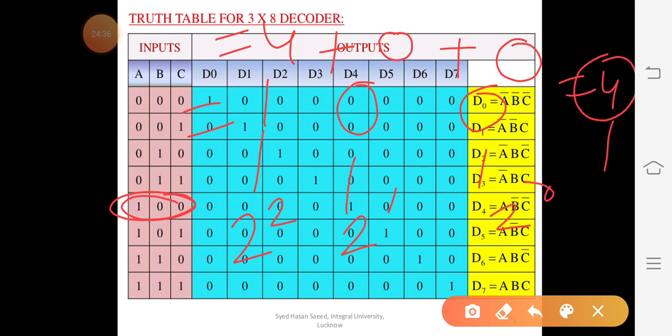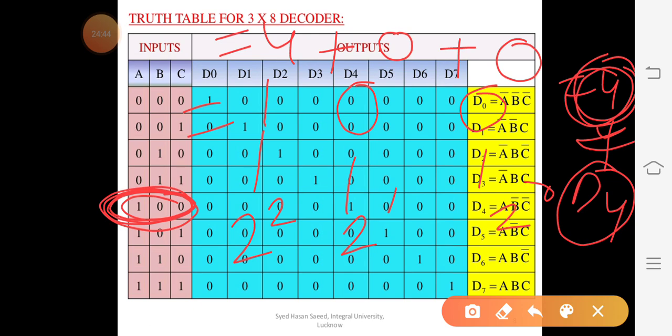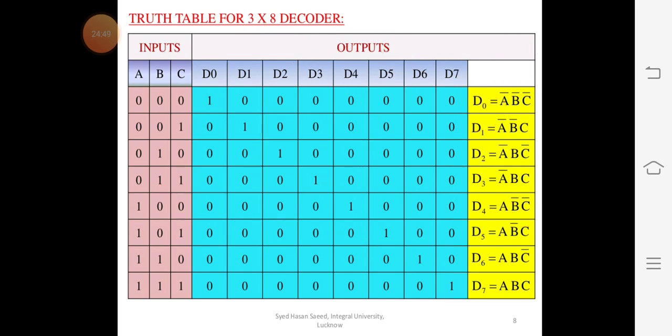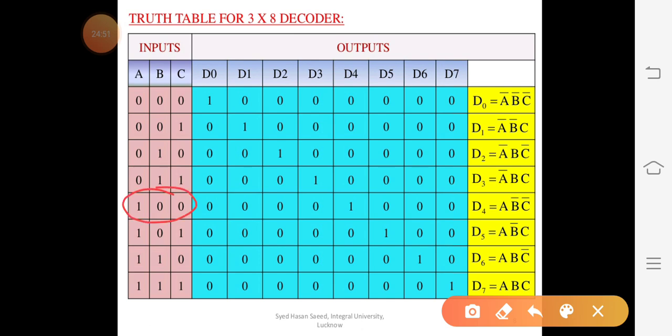If 4 is the answer, that means for this binary number you are getting the decimal number 4, so D4 will produce the output. If D4 produces the output, it means D4 will be in the active phase and all the others will be inactive. So look here, for this 1 0 0 combination, D4 will be active and the rest of the entries will be inactive, right? And here you can write for D0.